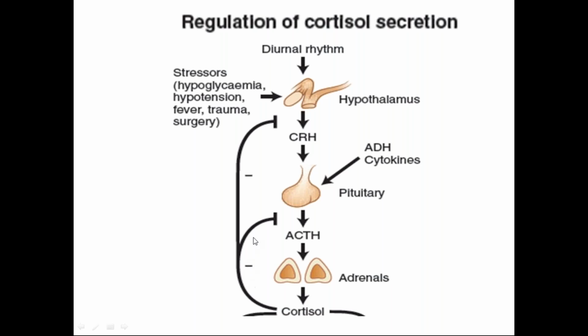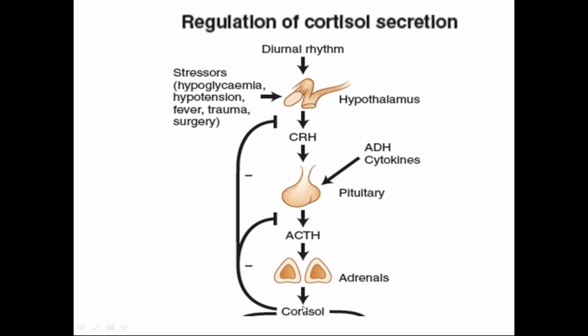This cortisol produces negative feedback on ACTH and also on CRH. That's why if there is deficiency of cortisol, there will be no negative feedback, and there will be excess ACTH, which acts on melanocortin 1 receptors and produces the pigmentation.